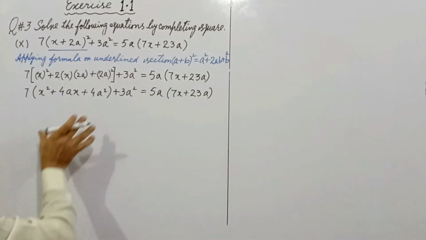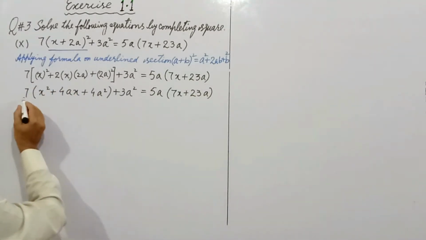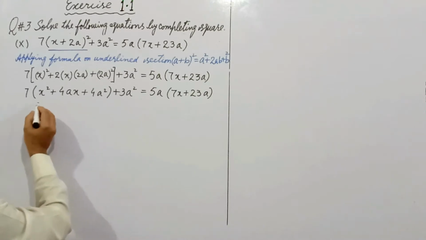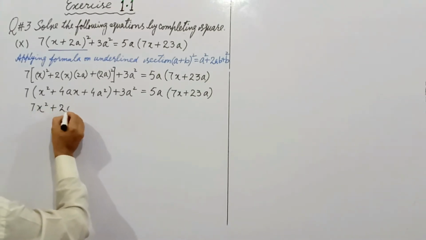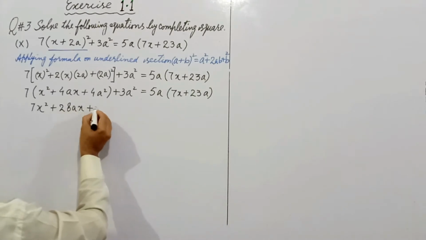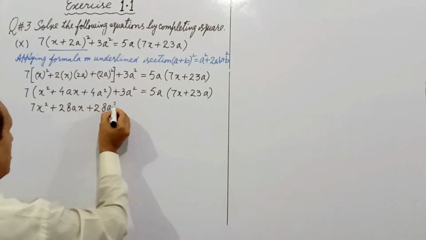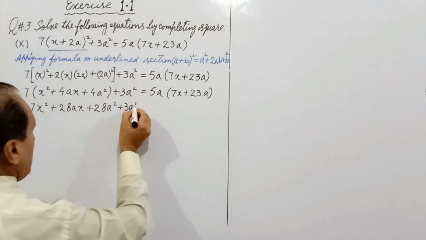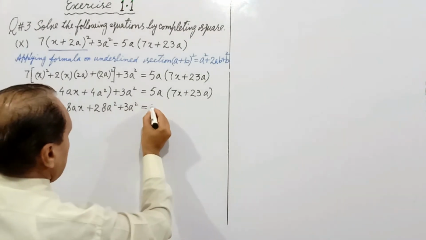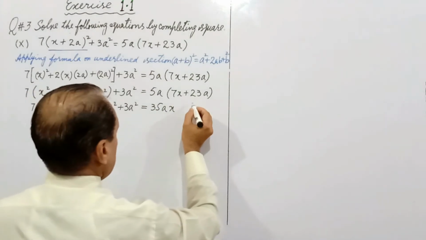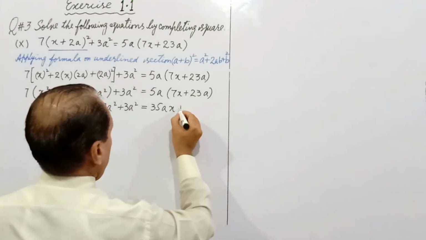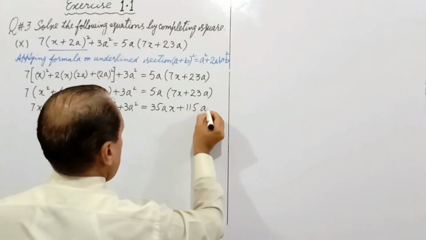According to the BODMAS rule, now we open the small brackets. We multiply 7 to these 3 terms: 7x square plus 7 4s are 28ax plus 7 4s are 28a square plus 3a square is equal to 5 7s are 35ax and 5 23s are 115a square.